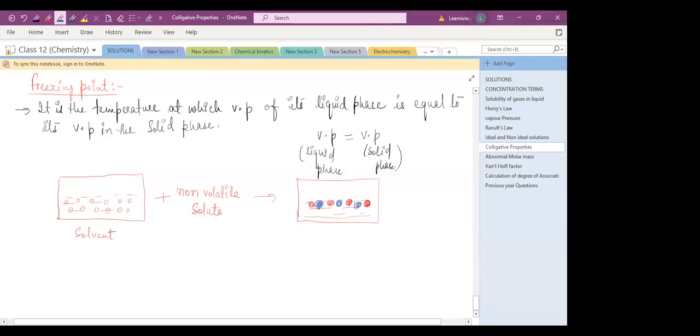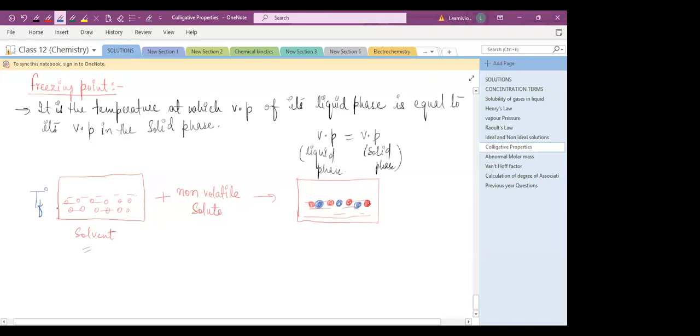When a non-volatile solute is added to the solvent, the freezing point of the solution is always lower than that of the pure solvent. This is the pure solvent, and this is the freezing point of the pure solvent, Tf naught.